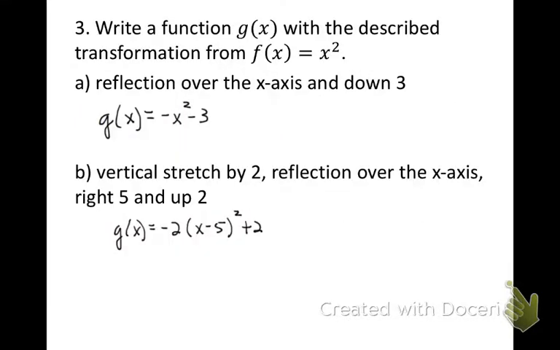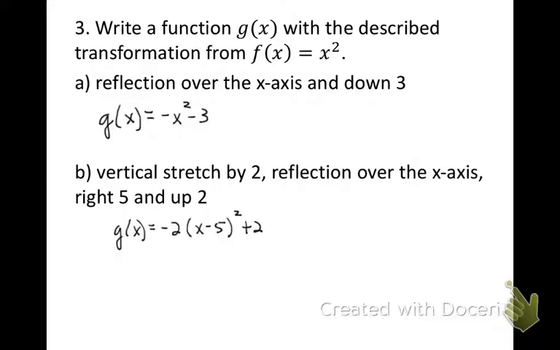Okay, and lastly, number 3. So now you're going to write your own function. So A, you want a reflection over the x-axis, and for that quadratic to be shifted down 3. So you should have a negative in front of the x squared, the A value, and then a -3 at the end of the equation. That's your K value.